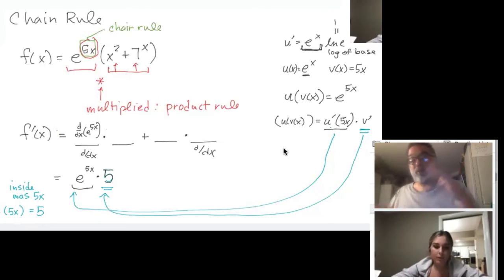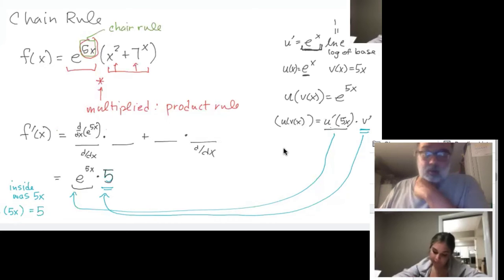So all of that was just, we need 4 pieces, and that was the first piece of the 4 pieces. Because that was the chain rule part, that's the most complicated part of the 4 pieces.